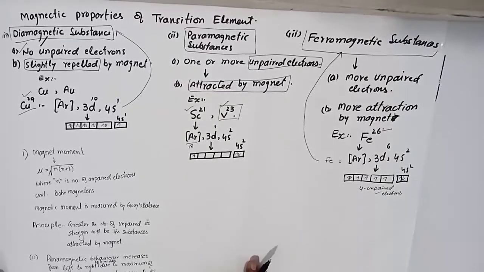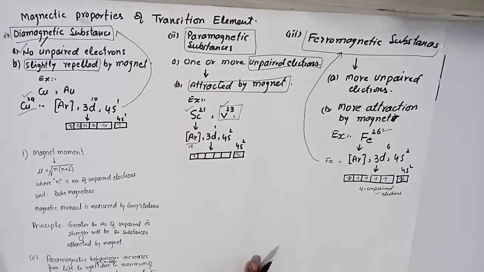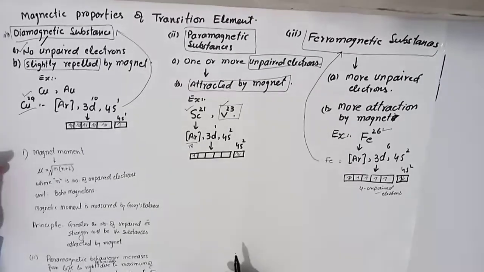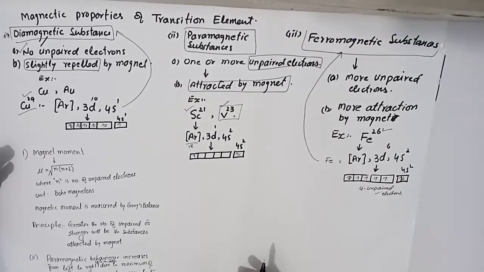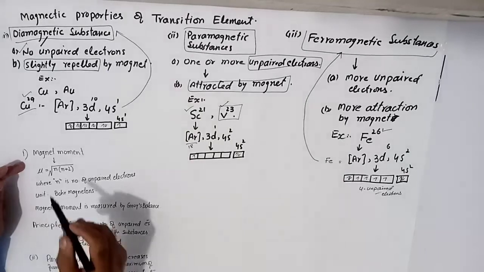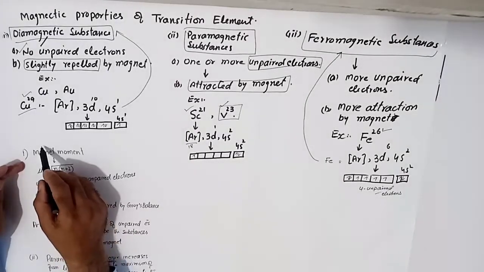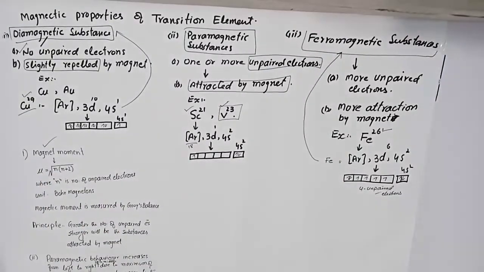Now come to important discussions. How can we find out the magnetic properties of transition elements? By magnetic moment we can find the magnetic properties of a substance.